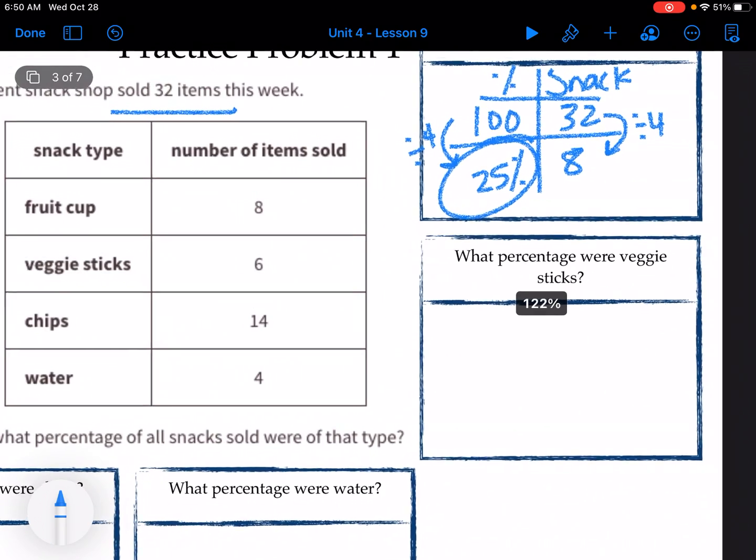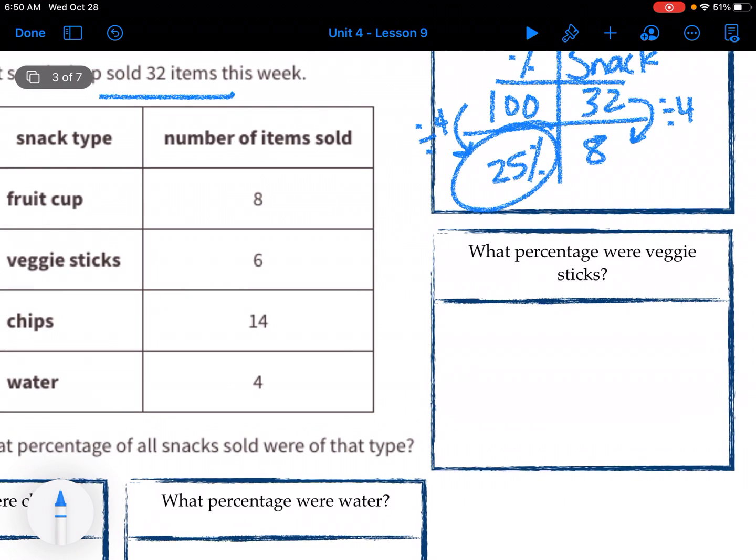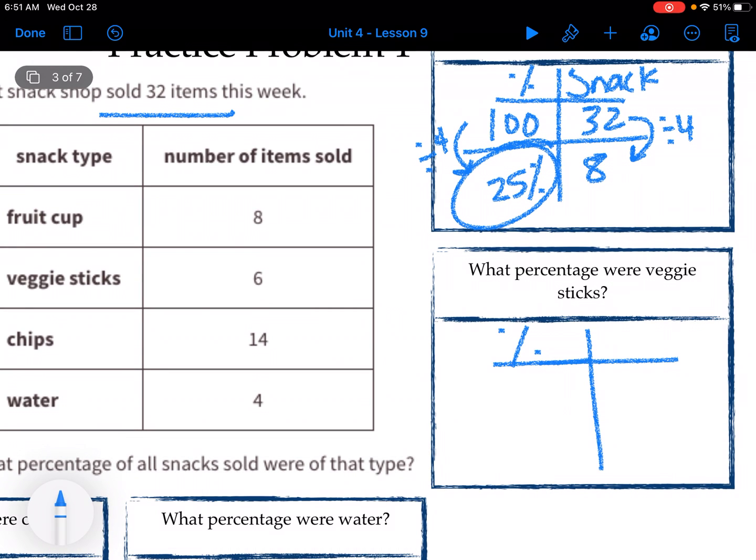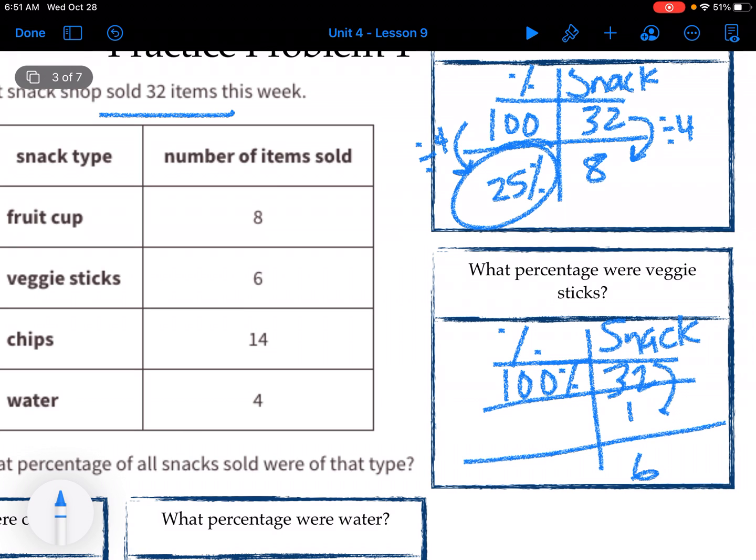What percentage were veggie sticks? Veggie sticks was 6. So I have 100% is 32 items. I want to figure out what one item is, so then I can figure out what 6 items are. I'm going to divide by 32.